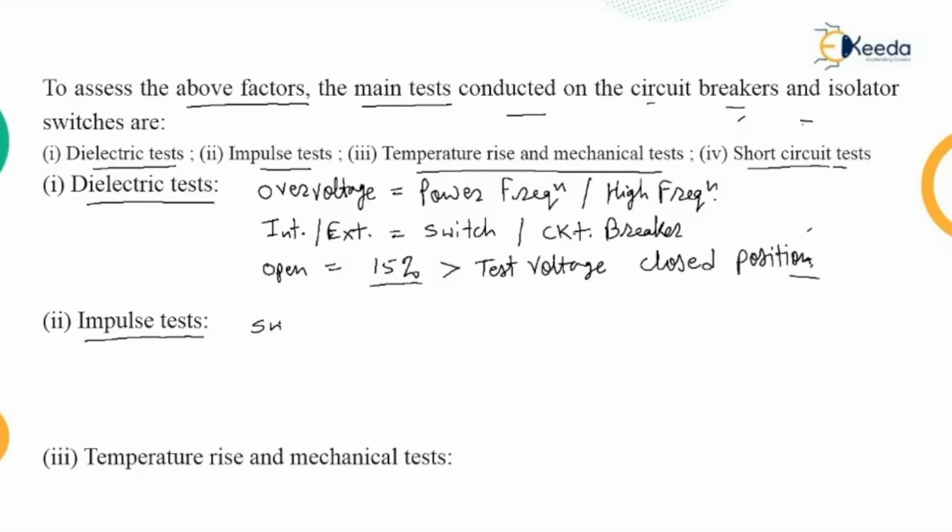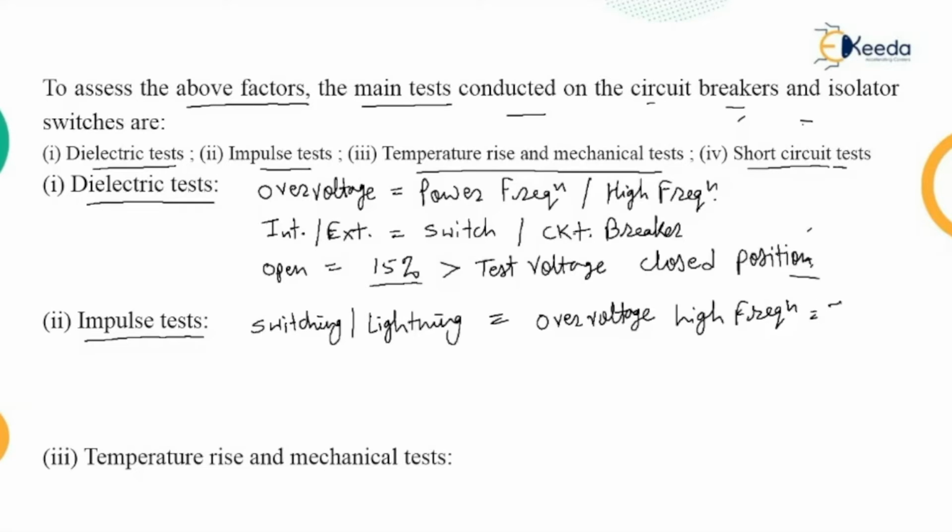So whenever switching or lightning occurs, that brings the voltage called overvoltage, but specifically with a change in frequency, and therefore it is referred to as the impulse voltage.